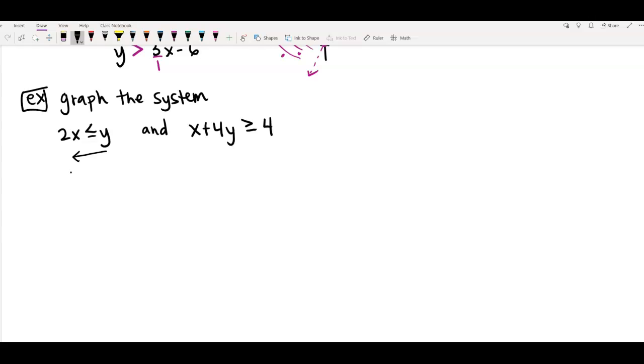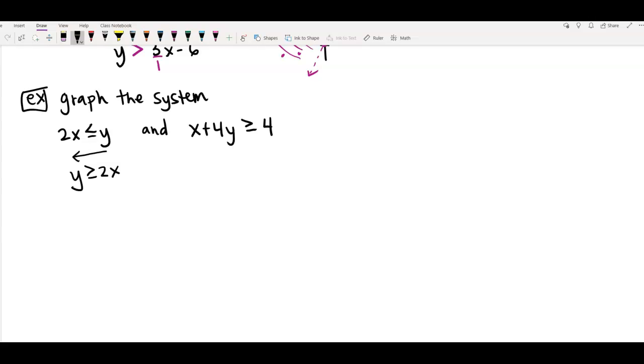So if I'm reading this, I'm saying y is greater than or equal to 2x. So I want to move this so that my y is on the left-hand side, because otherwise I'm reading this backwards. Okay, so y is greater than or equal to 2x.